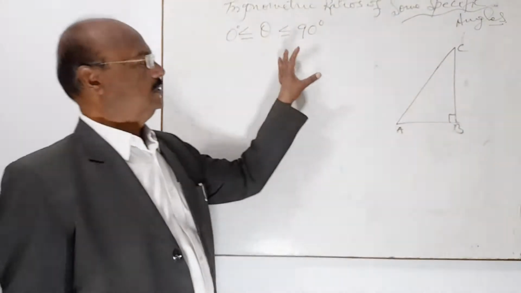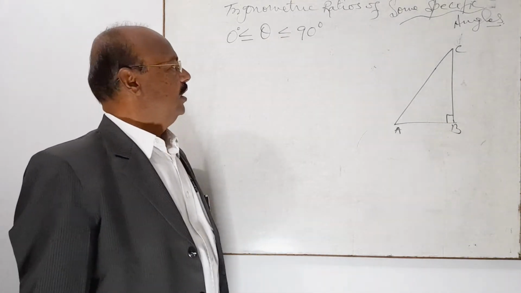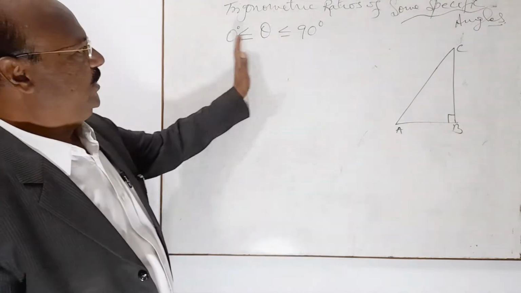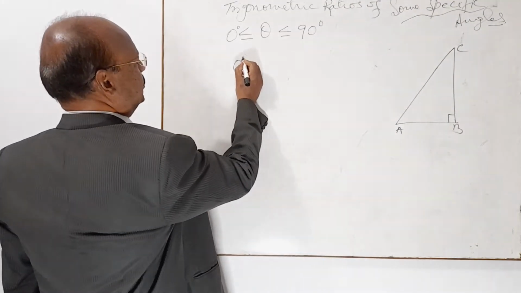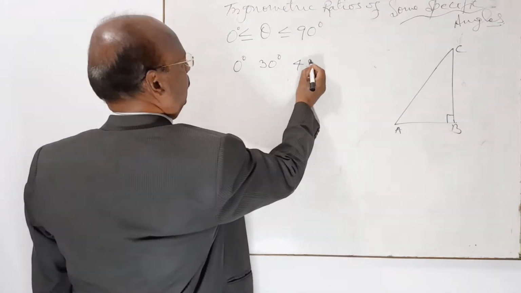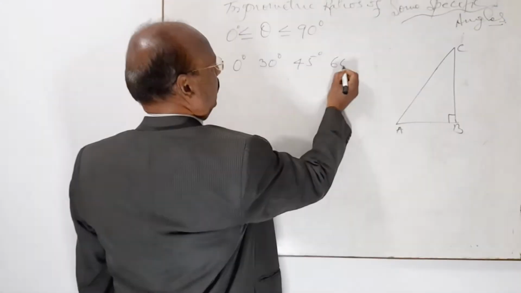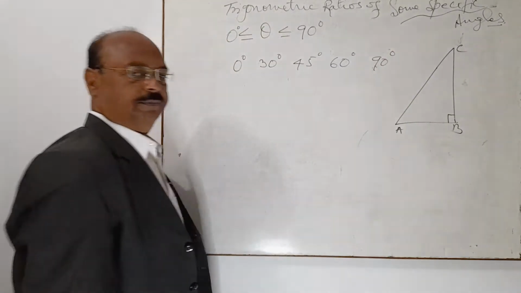These are particularly some specific angles, and between 0 degree and 90 degree we'll consider the angles 0 degree, 30 degree, 45 degree, 60 degree and 90 degree.